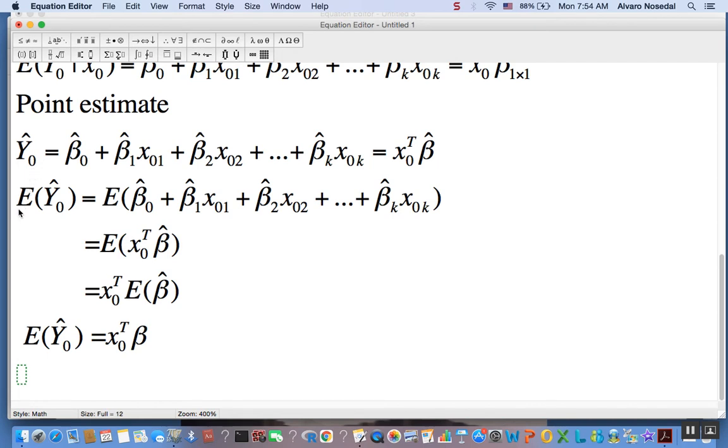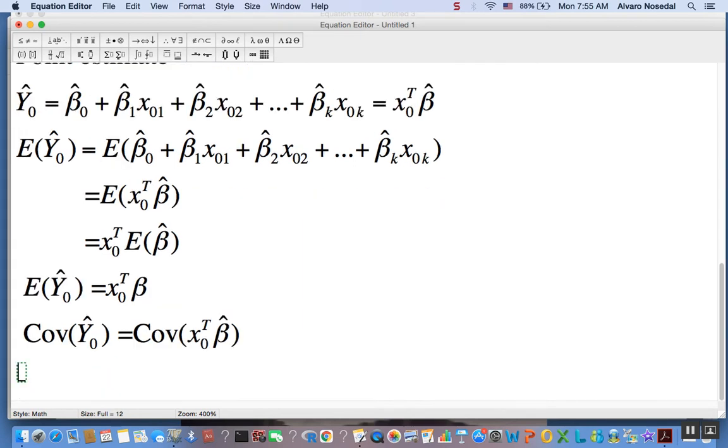That we need now. Let me copy paste this. This is what I want. I need the covariance matrix of our point estimator.